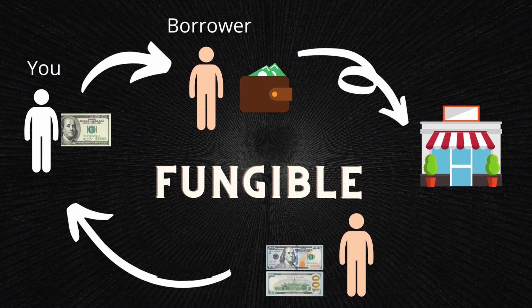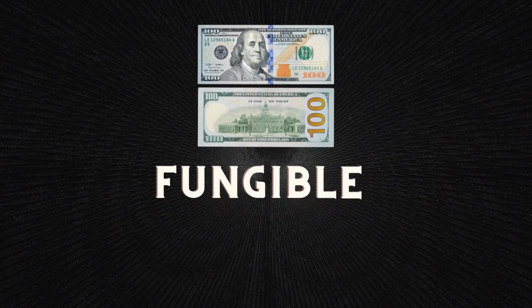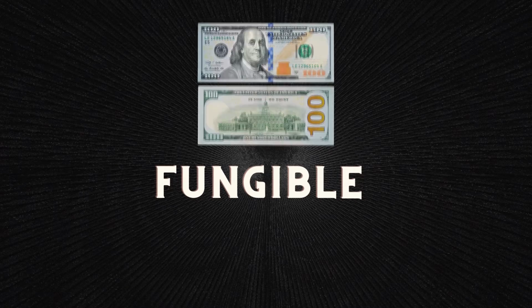What he returns is not important on the exact note that he was given, but what note he gives you. So basically, the $100 has the value here, not the exact $100 note. This is the fungible aspect of the currency. $100 is important for its value, not for its uniqueness.